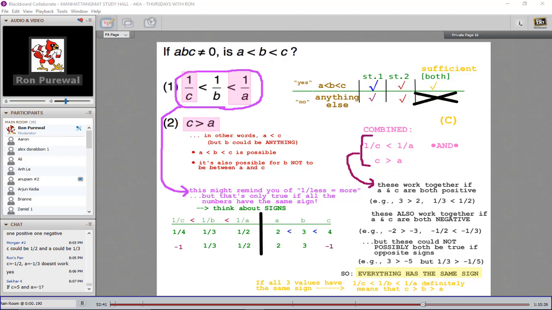Any questions about this, go ahead and type them in the chat box. All right, let's see if we got time to do another one. Let's do another one. How about this one?